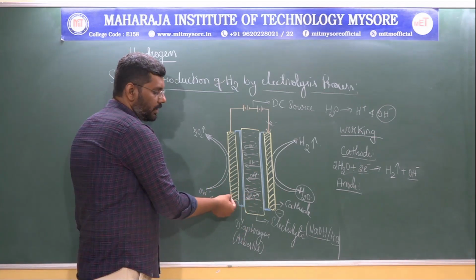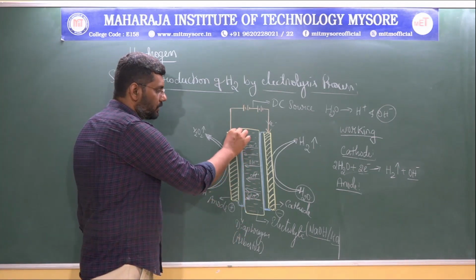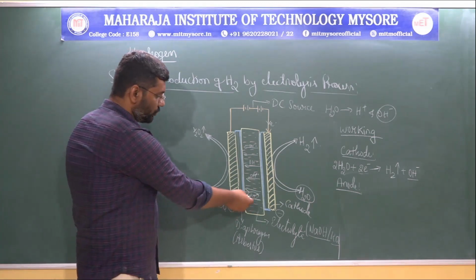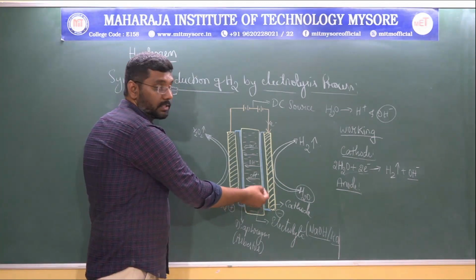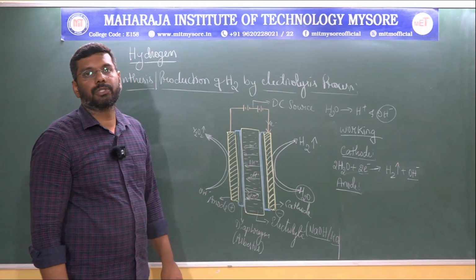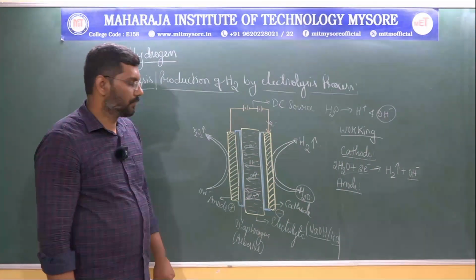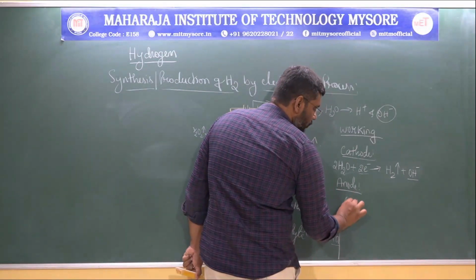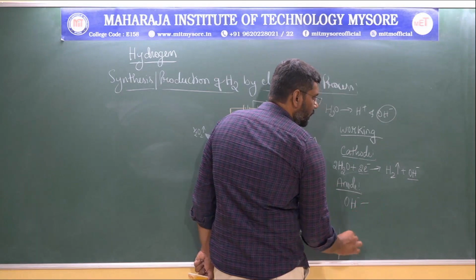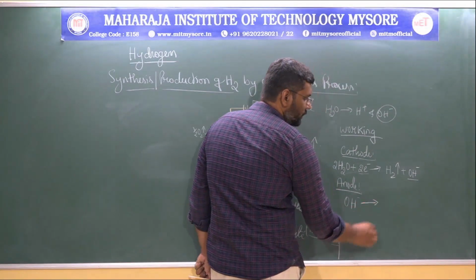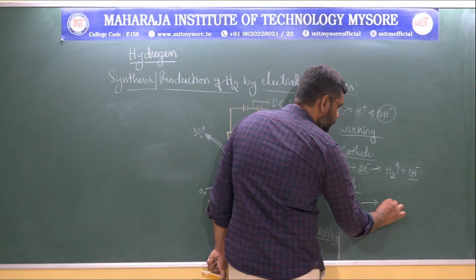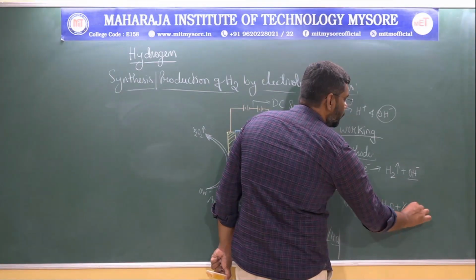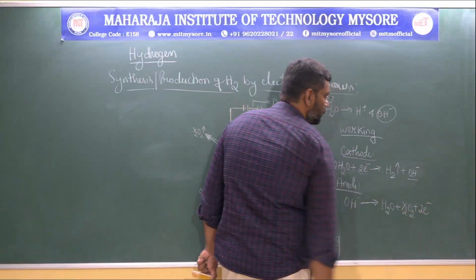When it starts migrating towards the anode, the diaphragm allows only OH minus ions to diffuse towards the anode, whereas it doesn't allow the liberated hydrogen to diffuse. So when OH minus ions come in contact with the anode, they undergo oxidation and release water molecule along with oxygen and 2 electrons.